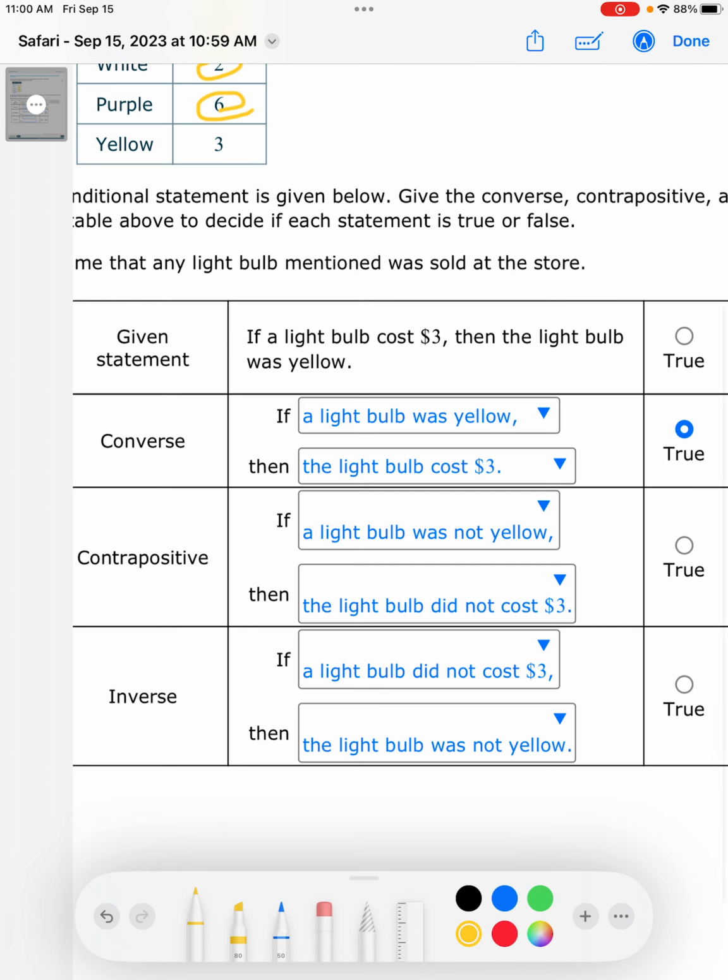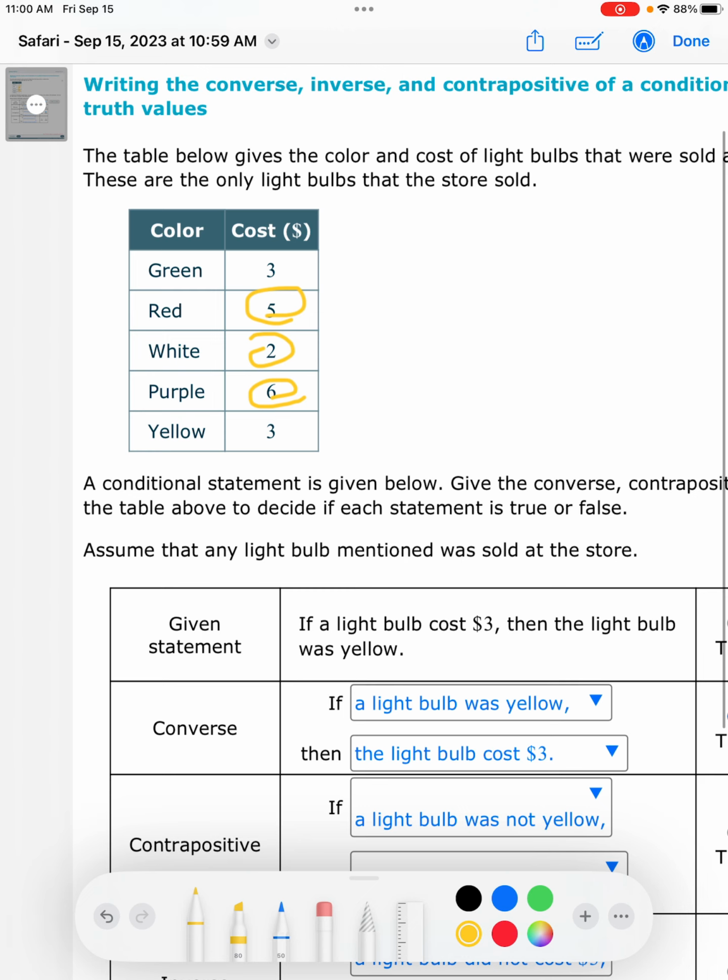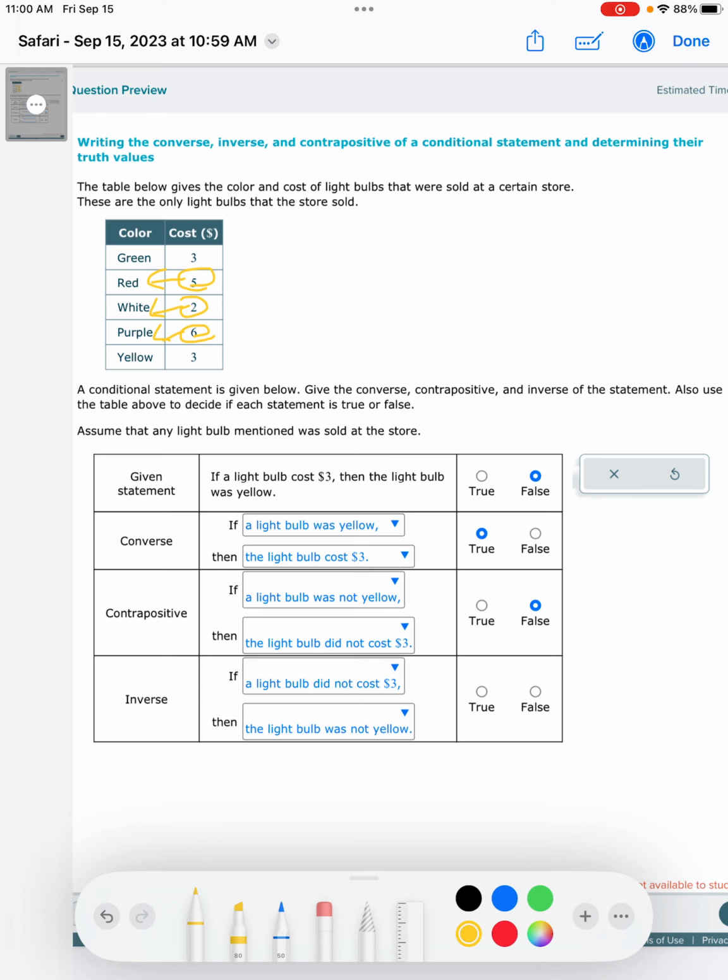And then the then statement said the light bulb should not be yellow, right, in this scenario. Well, we get red, we get white, and we get purple. So is our then statement always true? It is always true, because we did not get yellow in any of our examples. So this would be a true statement. Okay? That would be a true statement.